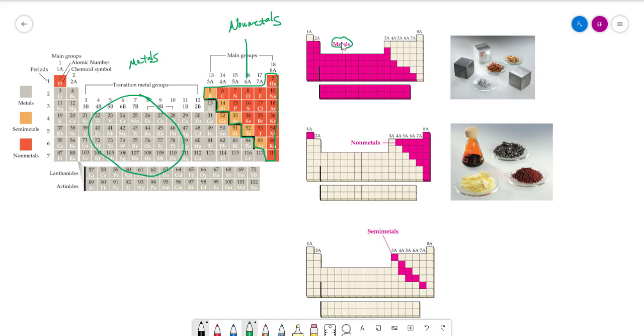And then right in the center on that division, highlighted in yellow in this table, we have these other types of this category called semi-metals.